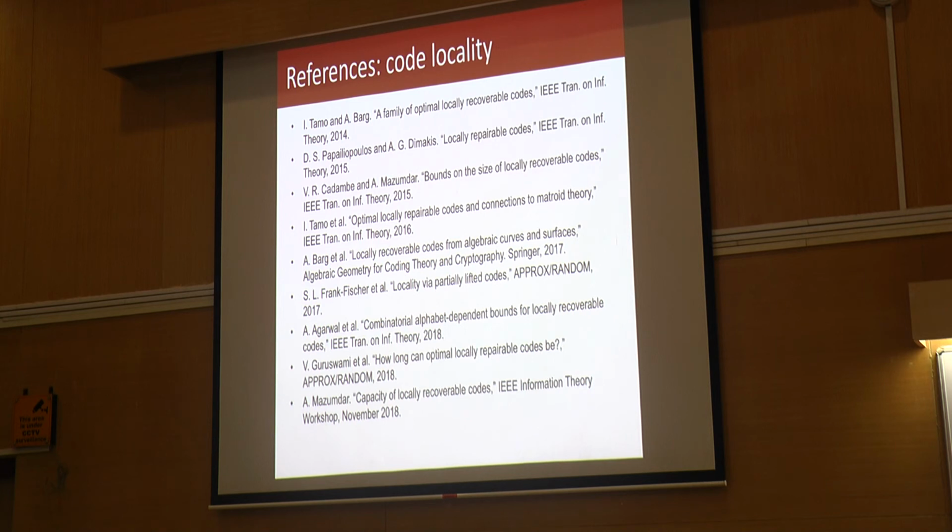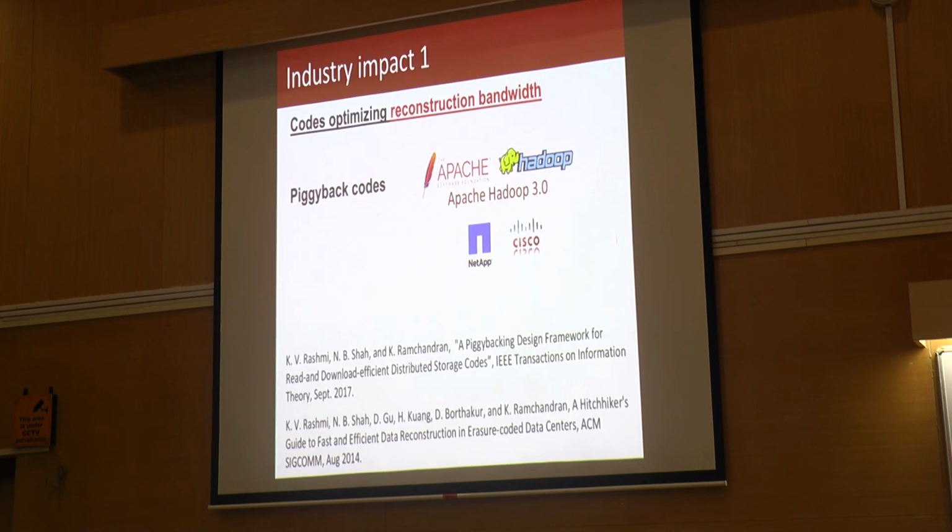So before I end this reconstruction problem part, I do want to mention the industry impact that the works from the coding theory community have been able to make in both of these, reconstruction bandwidth and reconstruction degree problems. The first one I would like to mention is piggyback codes, which I was a part of too, which looked at optimizing reconstruction bandwidth, both disk I/O and network bandwidth.